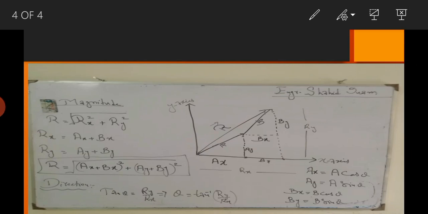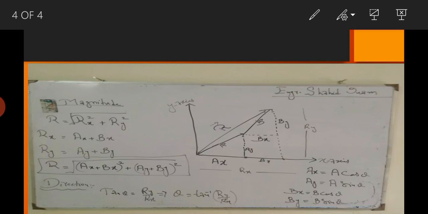In the first below triangle, that is line A, ax and ay, the ax component will be equal to A cos theta. This equation comes from the trigonometric ratio cos theta. The cos theta is equal to base divided by hypotenuse, that is ax divided by A, and ax will be equal to A cos theta.